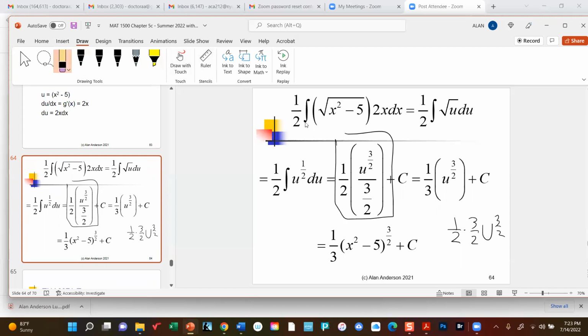I know what I did wrong. Dividing by 3/2 is the same as multiplying by 2/3. So from here to here, you've got 1/3 u to the 3/2 plus c. And of course, remember, u was equal to x squared minus 5. And so that is your final result.